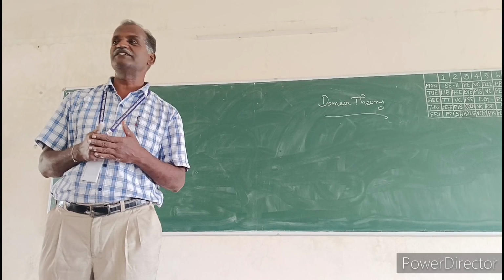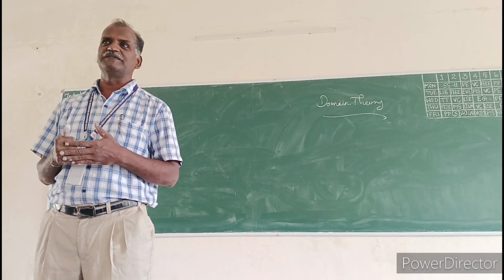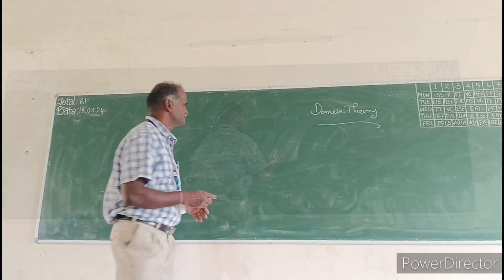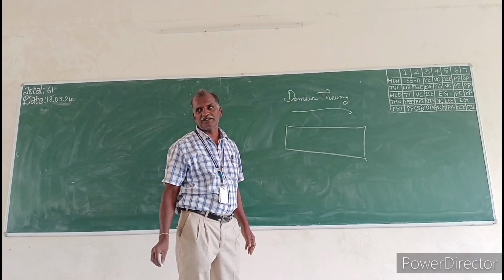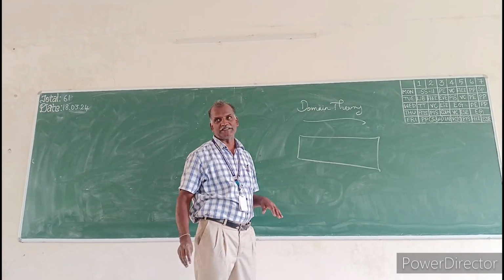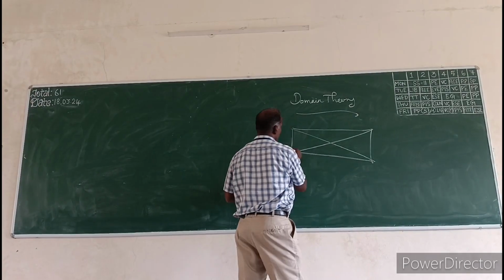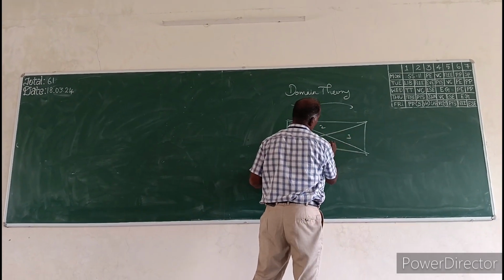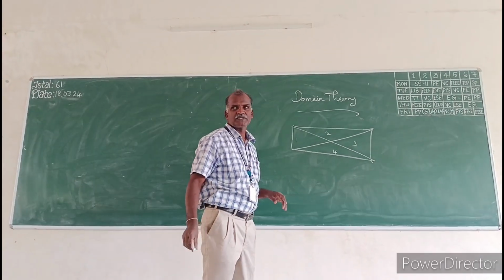The scientist gave the explanation very wisely. He said, let it be a ferromagnetic material. For our understanding purpose, I take only 4 domains: 1, 2, 3, 4.